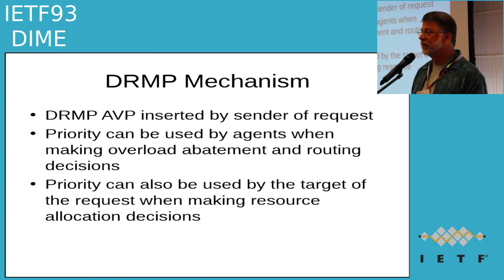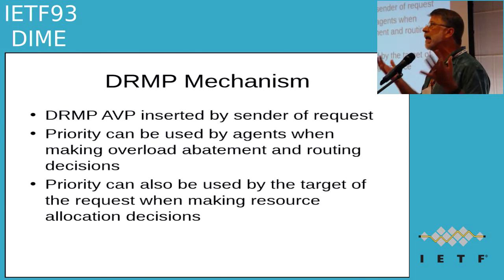The AVP is inserted by the sender of the request, usually clients, but it would not have to be. Requests generated by a server back to the client presumably would need this capability as well. It can be used by agents for making throttling decisions.